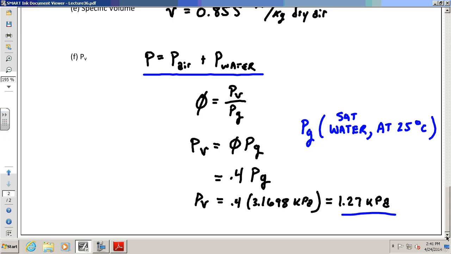So most of the pressure that we have is from dry air. Water doesn't change its pressure that much, but a little bit. In this case, it's maybe about 1% water vapor. Most of it is dry air.